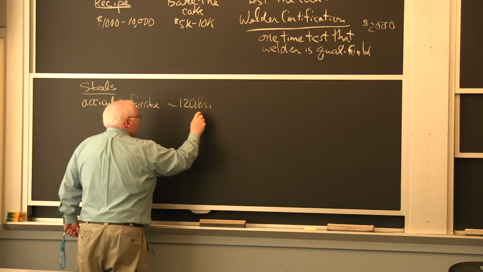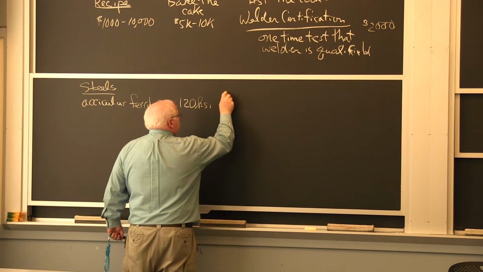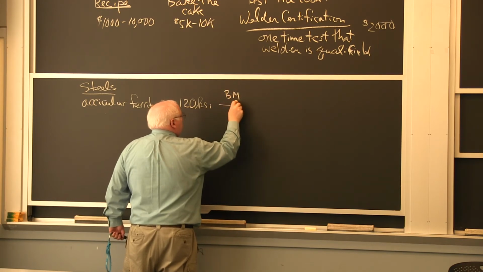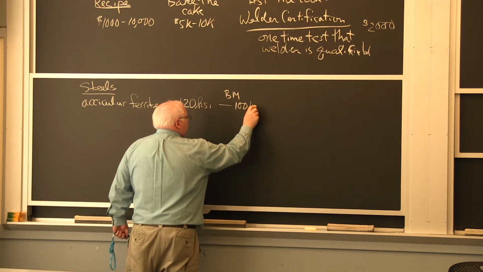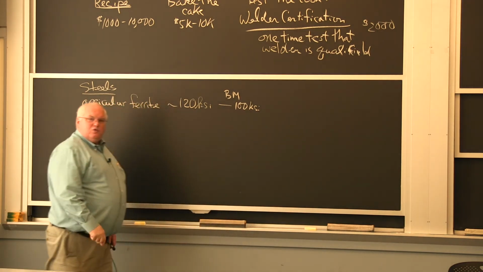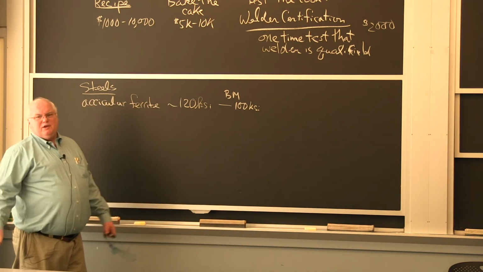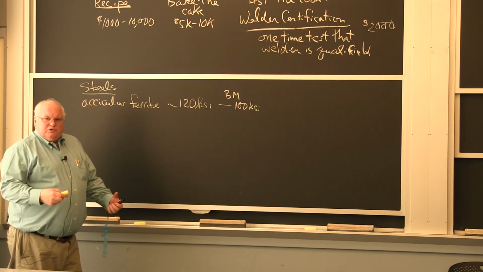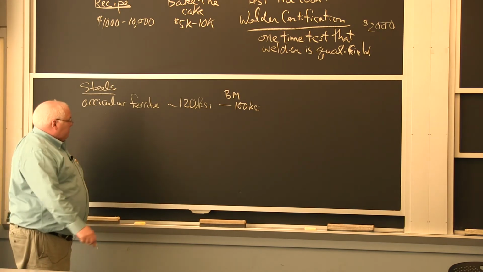Which means you can weld steels, base metal, of 100 KSI, and you'll be overmatching. You'll have a 20% overmatch. You'd like to only have 10% overmatch, but usually you shoot for 10 to 20% overmatch.